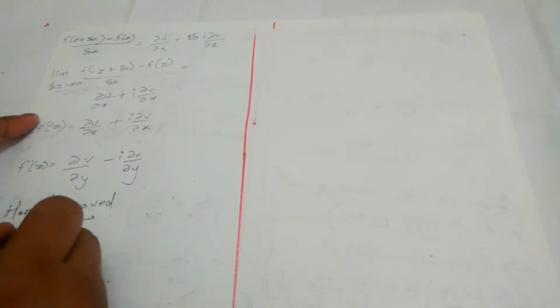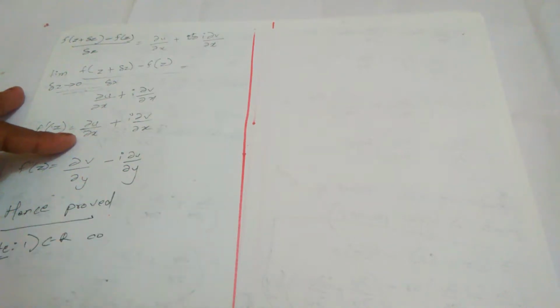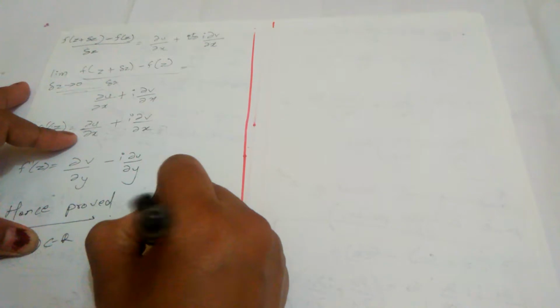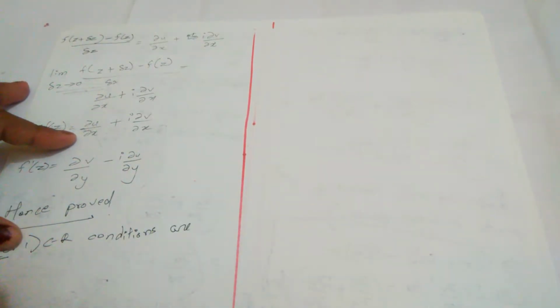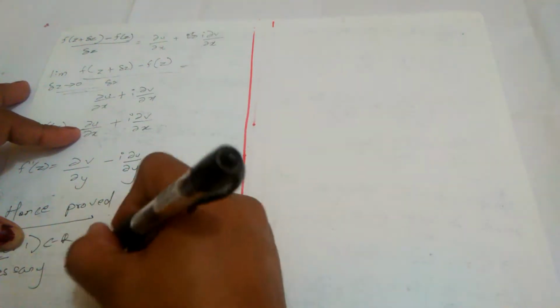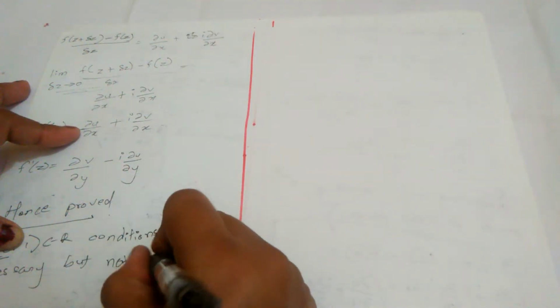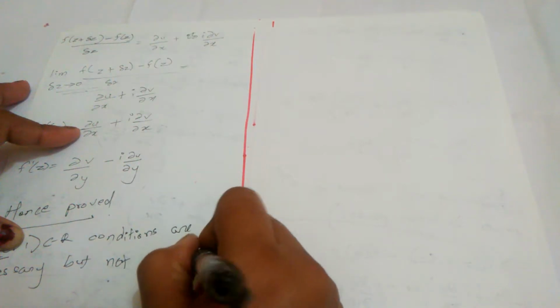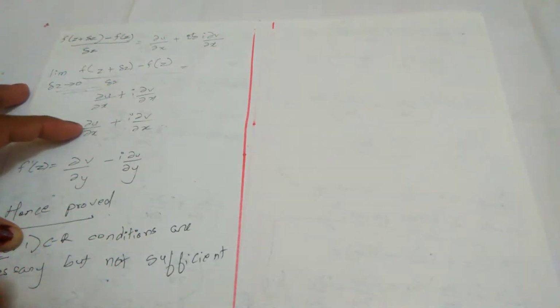So which conditions should you remember for this? First point is CR conditions. CR conditions are necessary, but they are necessary but not sufficient for an analytic function.